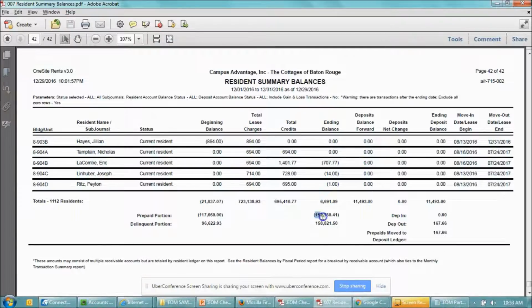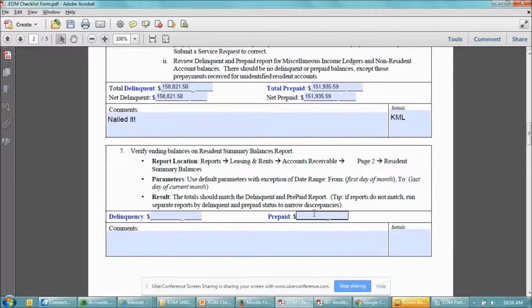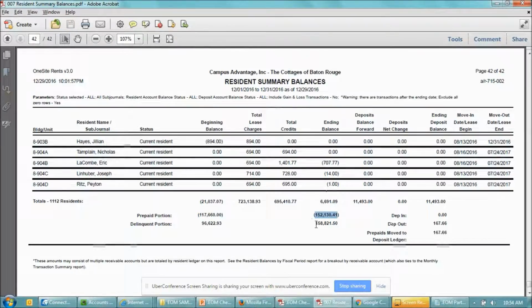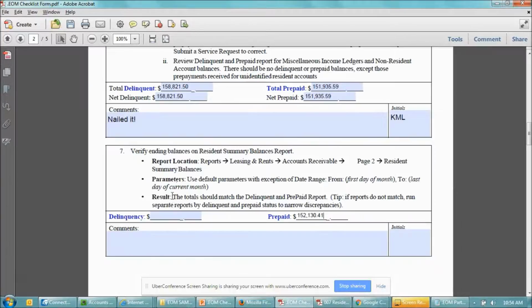So you'll take this prepaid amount, plug it into the prepaid area. Make sure it matches your prepaid up above. And then take the delinquent amount, plug it in here, and make sure that it matches up above. And yours will match. Ours does not because I corrected that issue and didn't rerun the report. So if those match, great.